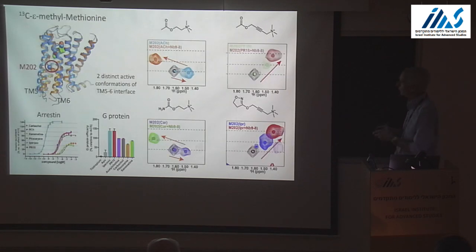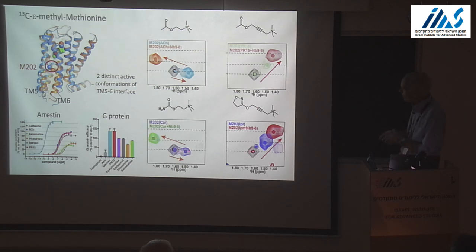What was particularly surprising is the agonists, the full agonist and the superagonist. The black is apo, no ligand. Acetylcholine causes the shift upfield. And then when you bind a G protein mimetic nanobody, it shifts in the opposite direction.